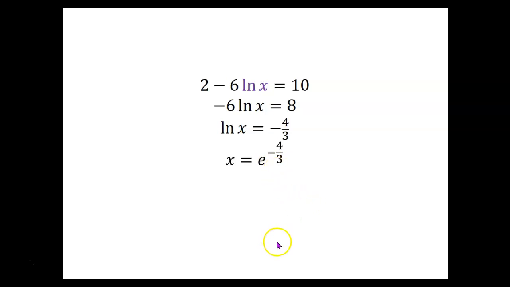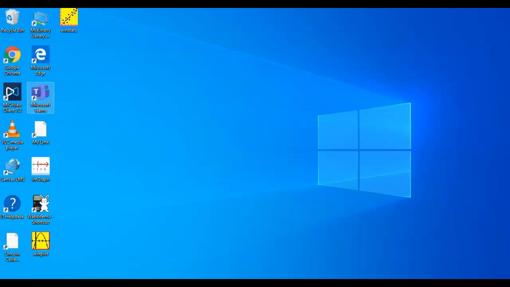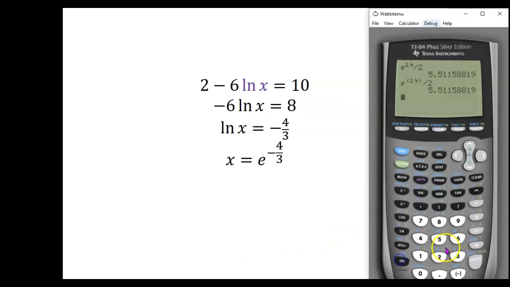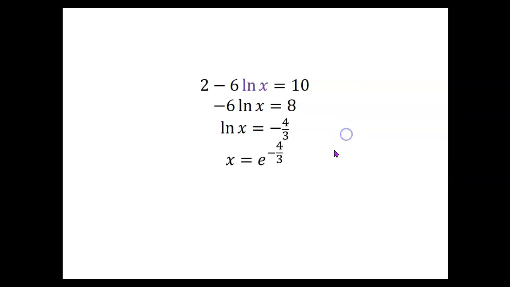And the decimal approximation on the calculator, if I ask the calculator for e to the negative 4/3 power, it tells me that that is 0.263597 and so on. So to 3 decimal places, it's about 0.264.